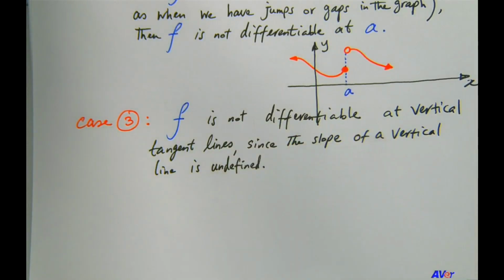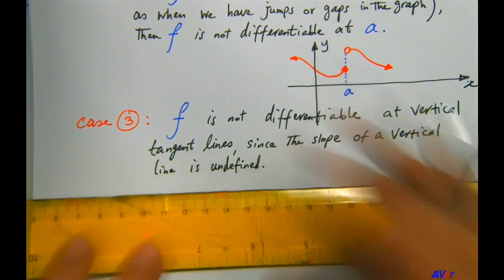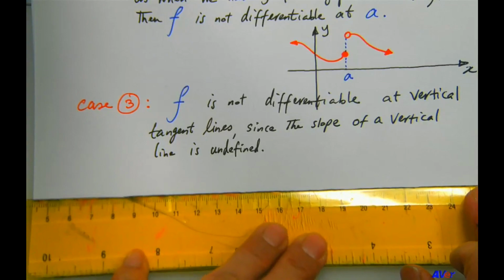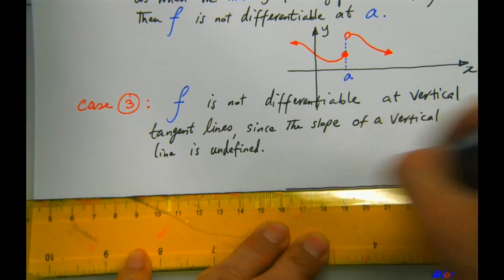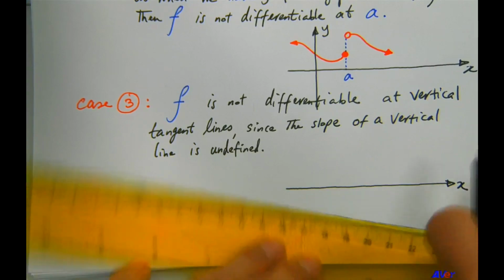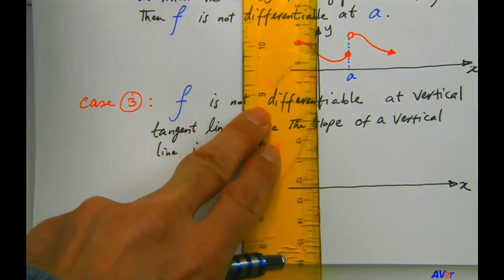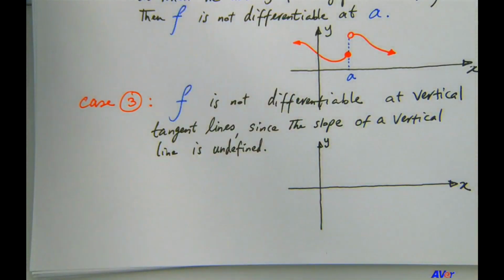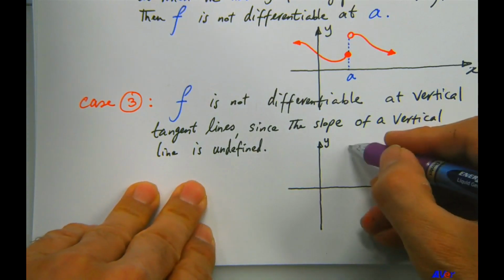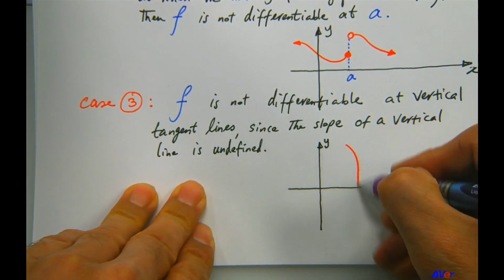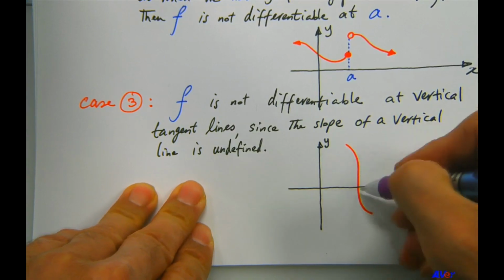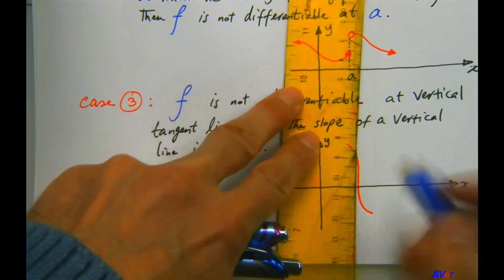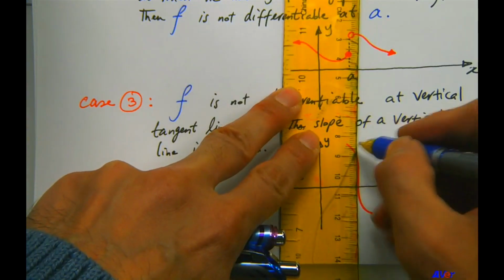Okay, so here's some graph that might fall into this, or some function that might fall into this category. Suppose we have a function that did this, right? Along this line, of course, the tangent line to the function at that point is a vertical line, right?